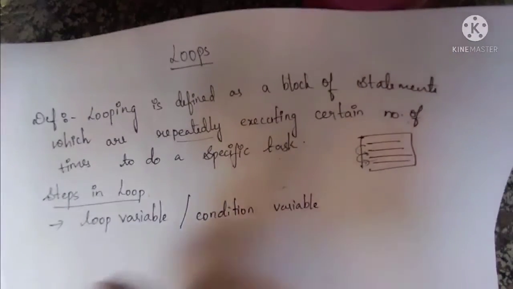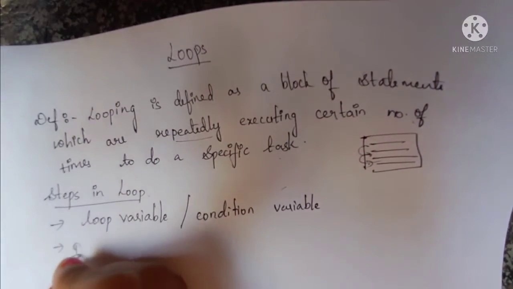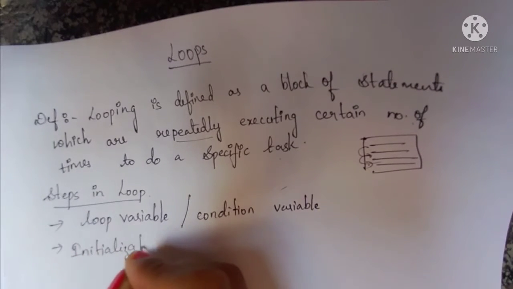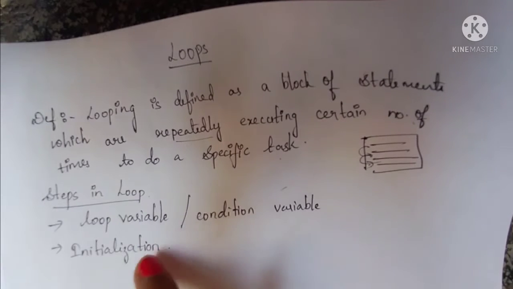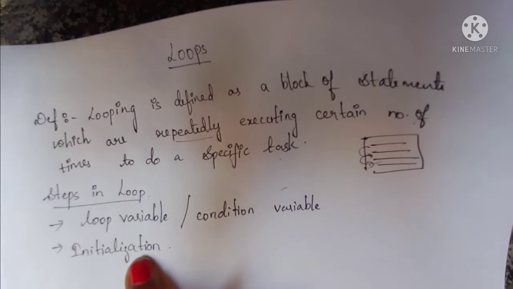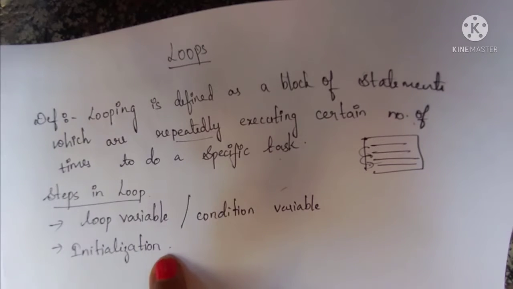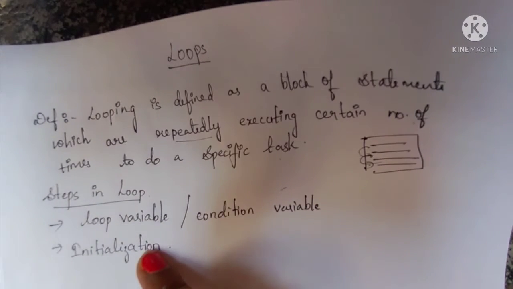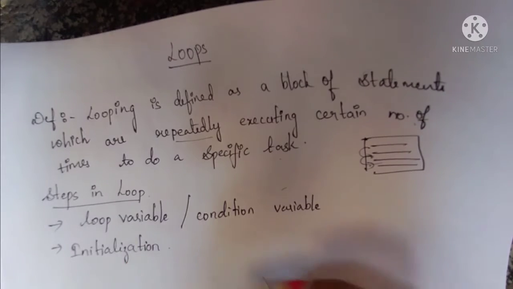Next one is the initialization. We all know what is meant by the initialization. This is the step in which the starting value or final value is assigned to the loop variable. That is nothing but the initialization.